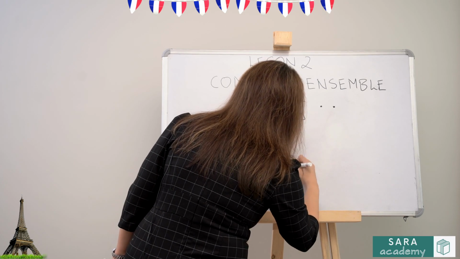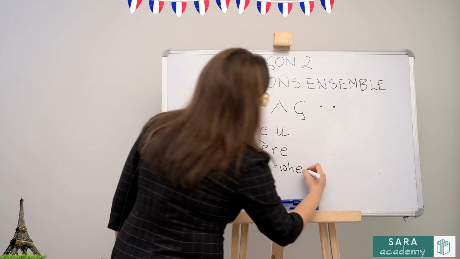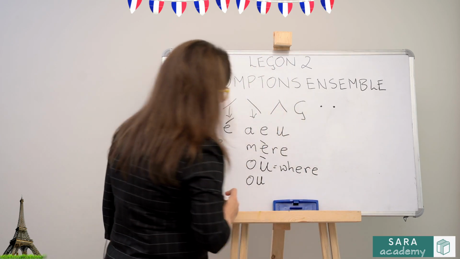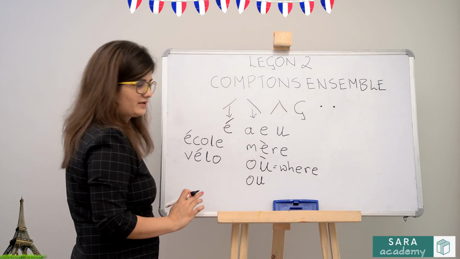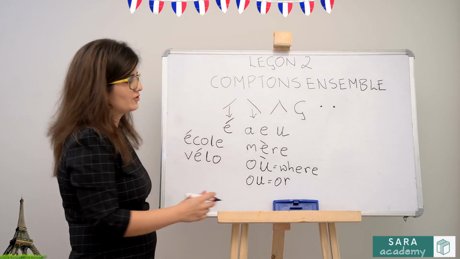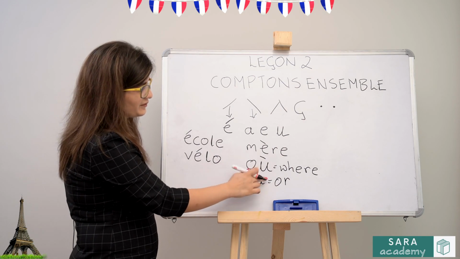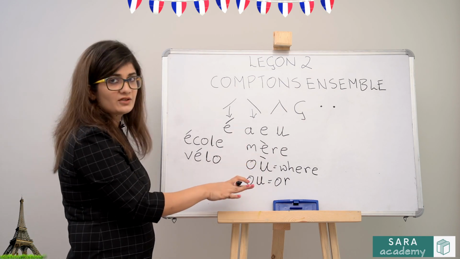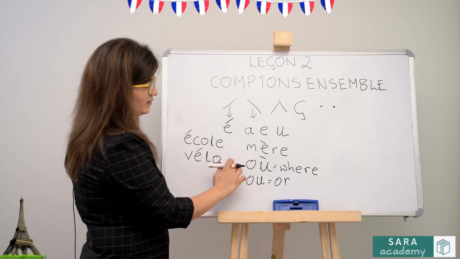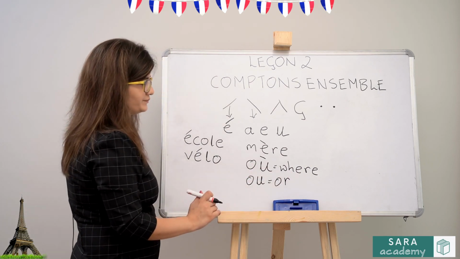So how will you memorize the spelling? O-U grave. Now there is one more word in French which is just OU without the accent. This means or in English. So remember, just the difference of the accent and the meaning changes completely. So whenever you memorize it, please memorize it along with the accent. So OU with grave is where, and just OU is or.